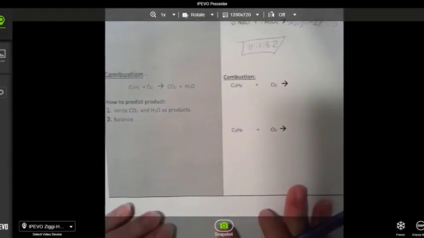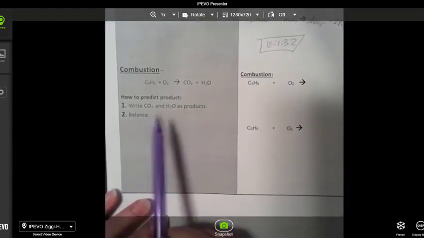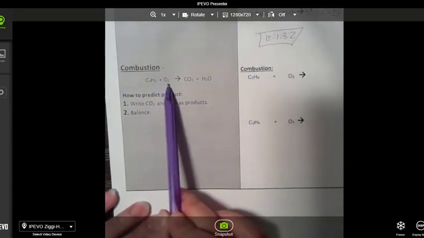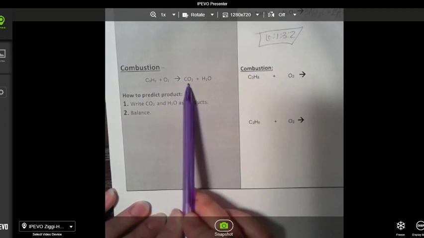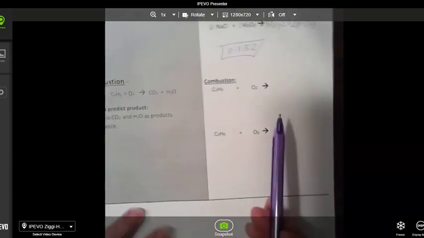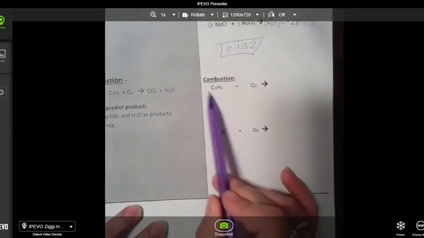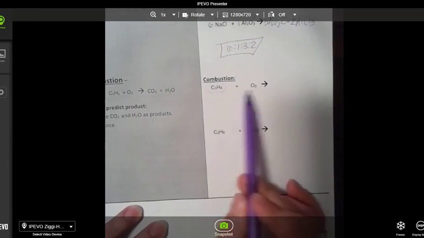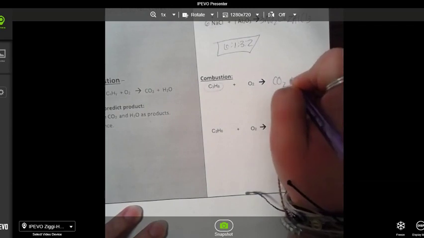All right, last but not least, the easiest ones to predict. We know that a combustion reaction is a hydrocarbon, some carbon-hydrogen compound, plus oxygen, which will always create carbon dioxide and water. If you can see that this is a hydrocarbon plus oxygen, what is it always going to make? It's always going to make CO2 plus H2O, no matter what.